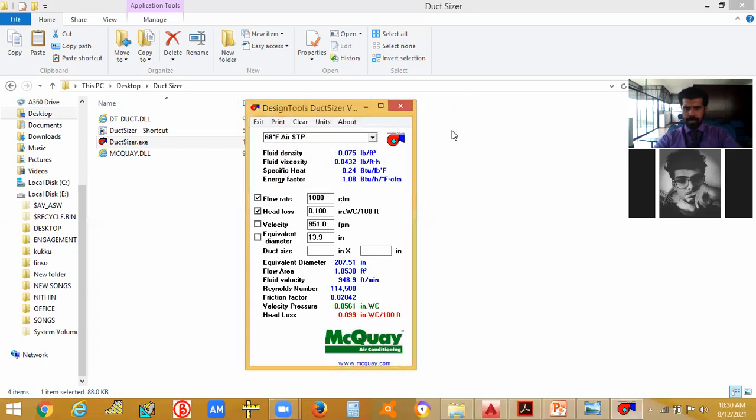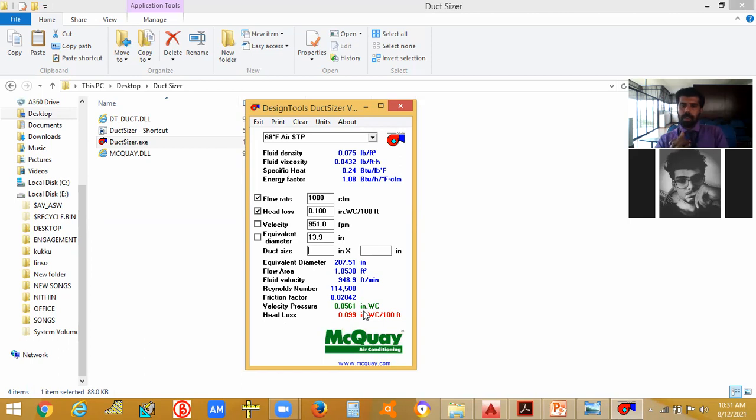See, we are giving the head loss, then only we are finding it out. We are already giving the head loss and we are finding it out. We'll be getting the same head loss here itself. So we have to make sure that the head loss is 0.1. So here it is given as a more precise value, 0.099, which means that it is 0.1 itself. We have to consider the head loss if we are concentrating on head loss or friction loss.